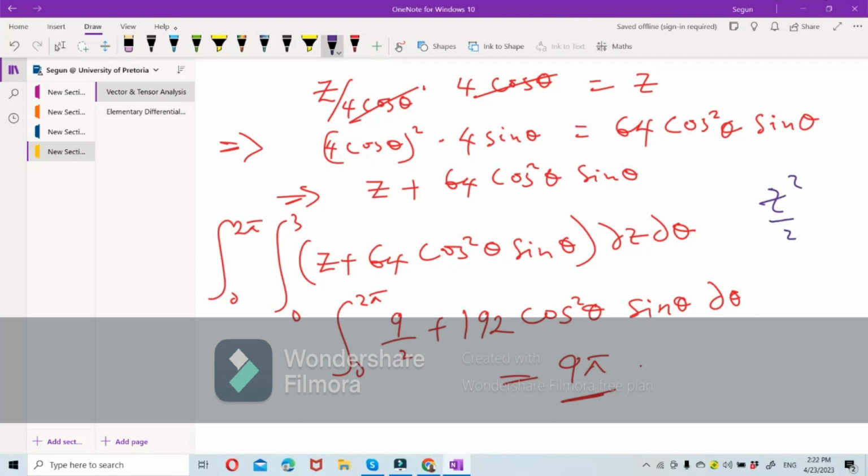Then when you put 3 here, you have 9 over 2. That's what you are seeing here. Do you agree with me? Yes, sir. So substitute 3 there, because you are substituting upper limit minus lower limit. That's true. Thank you.